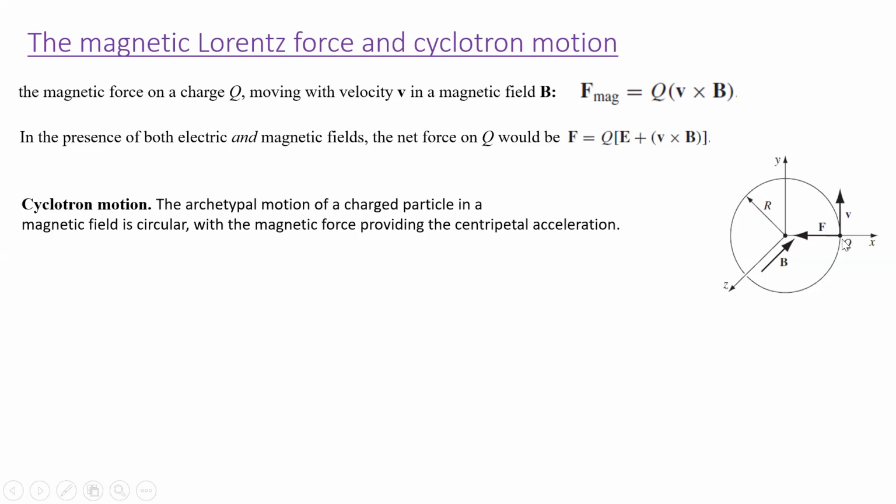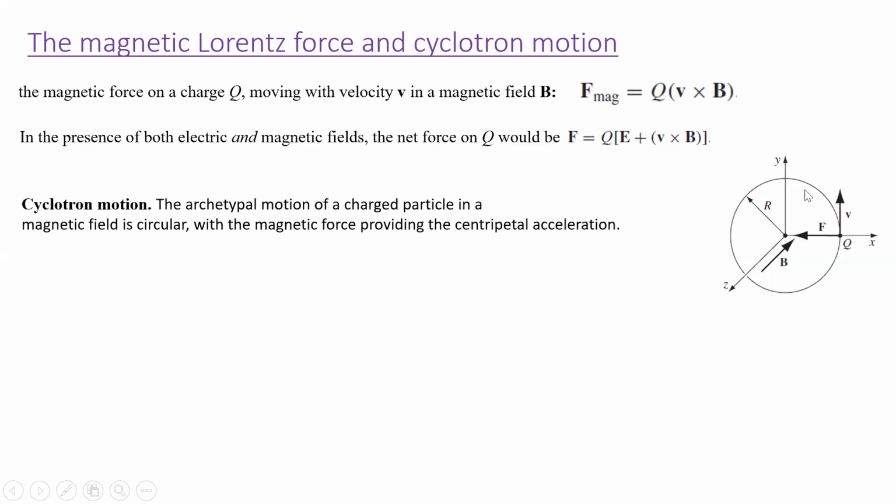And so if we have a particle moving upward and then it experiences a leftward force, that's going to curve it around, and eventually the particle will curve into a circle, like so.